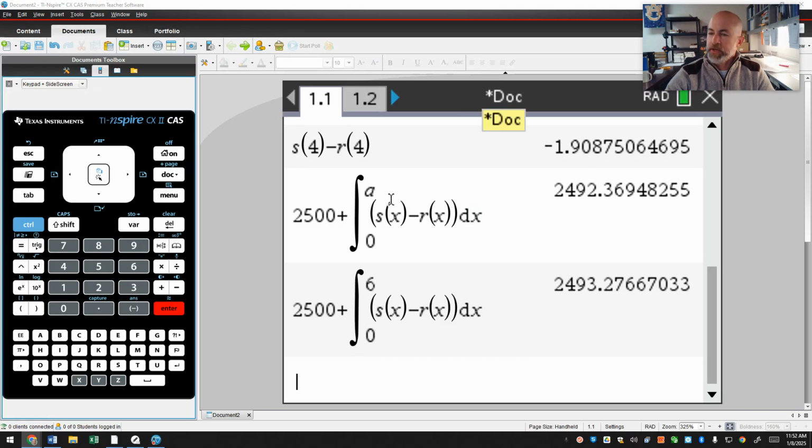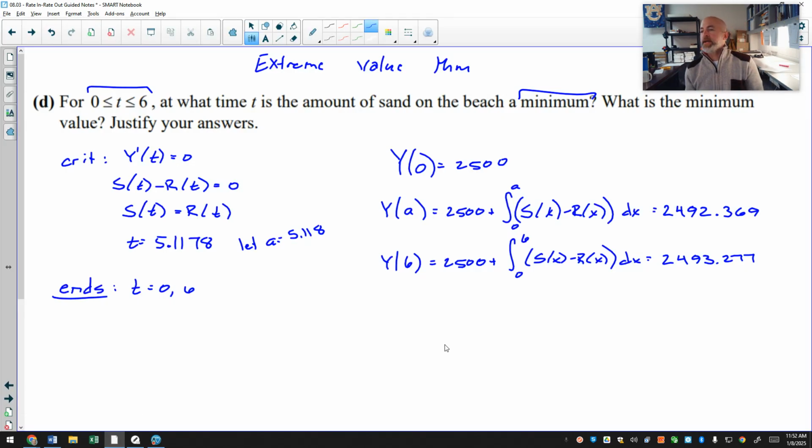Okay, almost done. So there I just plugged them both in, and we got 2492 and 2493 plus some decimals, and I've already written that here. Now we are looking for the minimum, and make sure you answer the question. This asks for two things: at what time t does the minimum occur, and what is that minimum value?